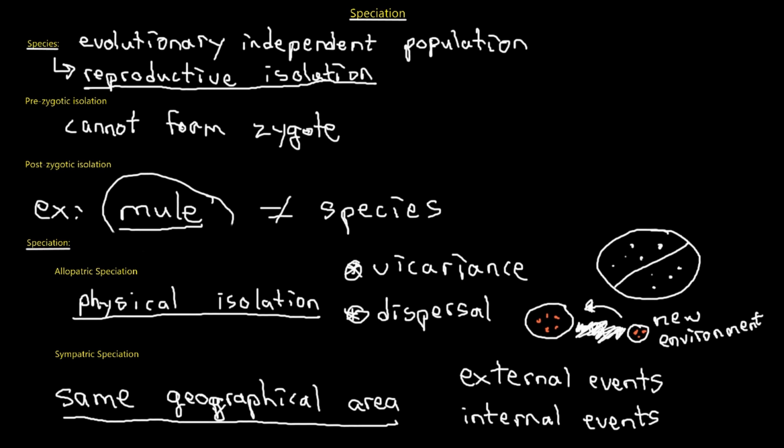And sympatric speciation is speciation that occurs within the same geographical area. There's going to be no physical isolation. So it could occur through a chromosomal mutation, or through other external events such as genetic bottleneck.